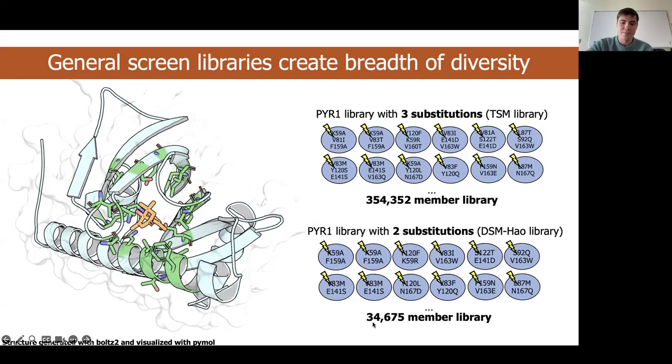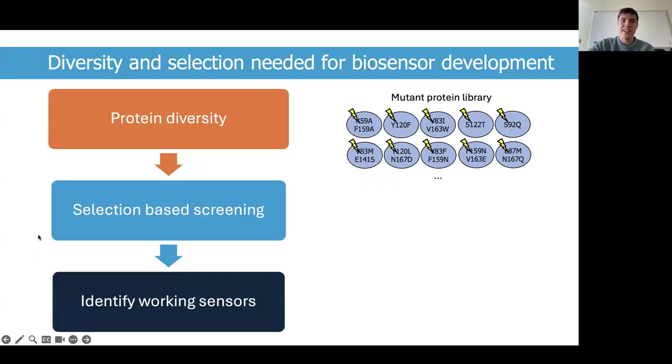You can see it goes from a 35K member library to closer to a 500K member library really fast. And so as you add 4 substitutions and more, it gets unwieldy. And we've also seen that you don't need so many mutations to get sensors in the micromolar level. And so now that we had our diversity ready to go to get at this question, we needed our selection.